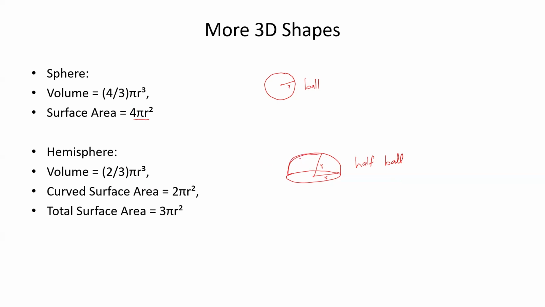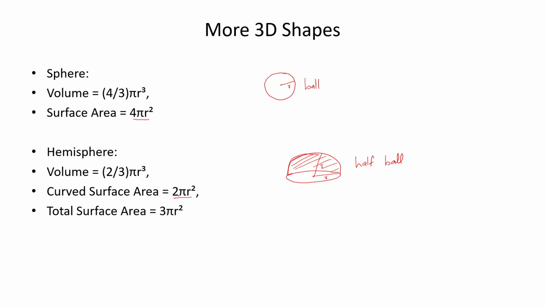Curved surface is just this part. So curved surface is the curved surface. It is 2 pi r square. And total surface area is curved surface with this circle's area. That is 3 pi r square. You got it? So hemisphere is half of the sphere. Volume is again half of the volume of the sphere. Here you have two types of surface area, curved as well as total surface area.